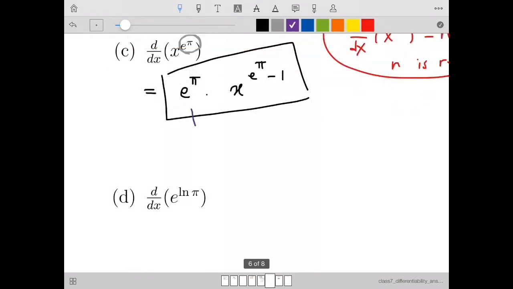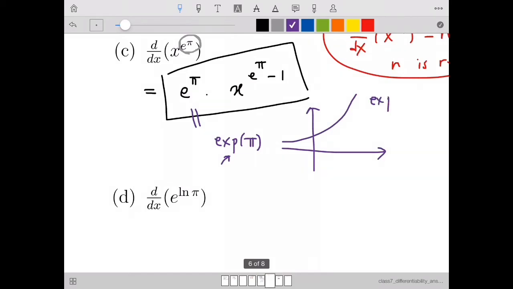And what's e to the pi? E to the pi is exp of pi, right? What was exp of pi? It was the inverse function of ln. So the graph is like this. That's exp of x, which we defined as e to the x.